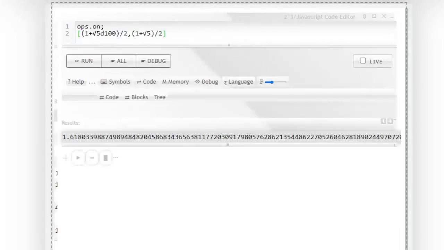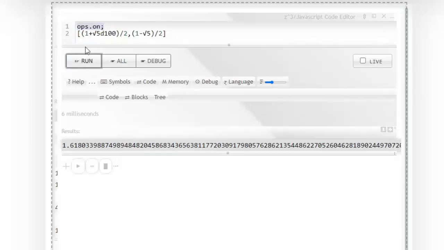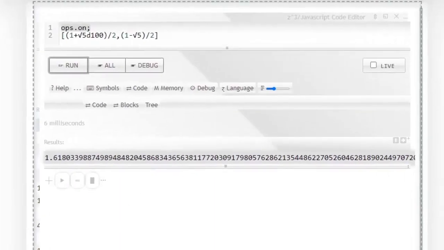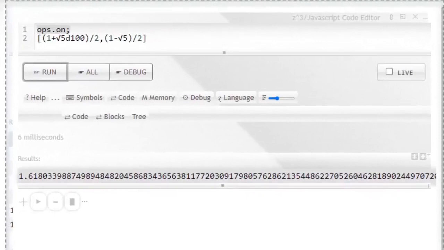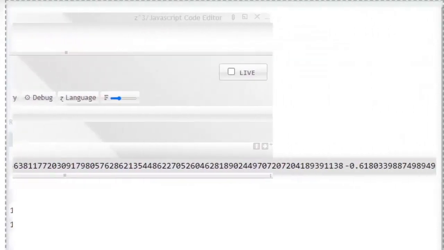because it's actually a solution of a quadratic equation. So if you take the equation for the golden ratio, which is 1 plus the square root of 5 divided by 2 and 1 minus the square root of 5 divided by 2, and here we activate the D100 to calculate the decimals up to 100 places, and if you do the computation, you will get the ratios as 1.6180339888, and so forth, and the other solution is minus 0.6180339887, and so forth.